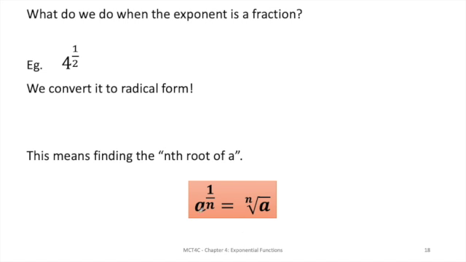So you have a to the 1 over n, which is the nth root of a. You may call it a square root, but it's technically just a root, okay, or a radical. So you're finding the nth root of a. I'll go through examples on the next slide, so I'd maybe copy this out so that you have that written out, okay?